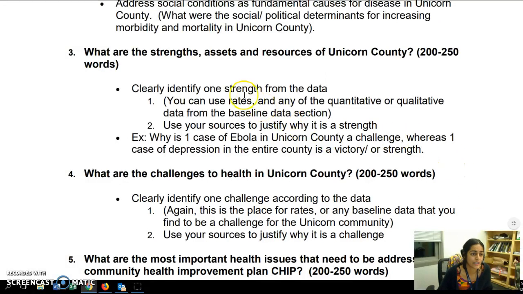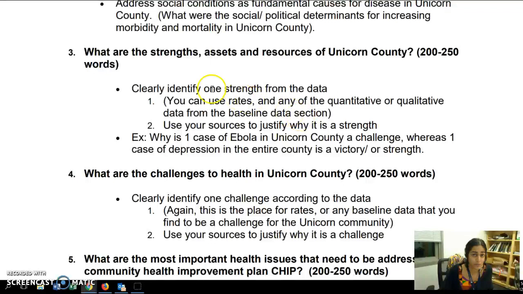That's what we're really looking for in the strengths and the challenges here. Yes, individual health problems or poverty or things like that are challenges, and good health outcomes are strengths in the community, but what does that actually show?